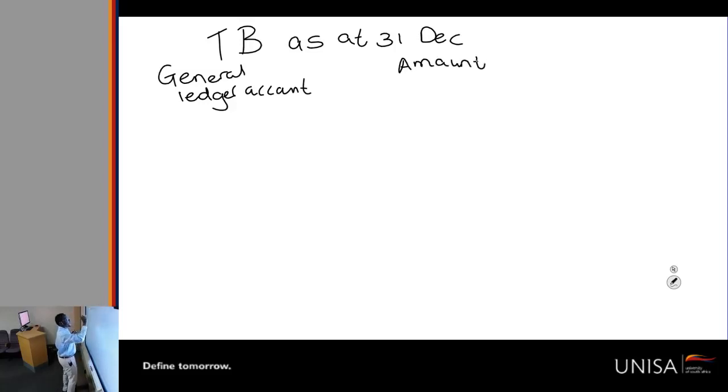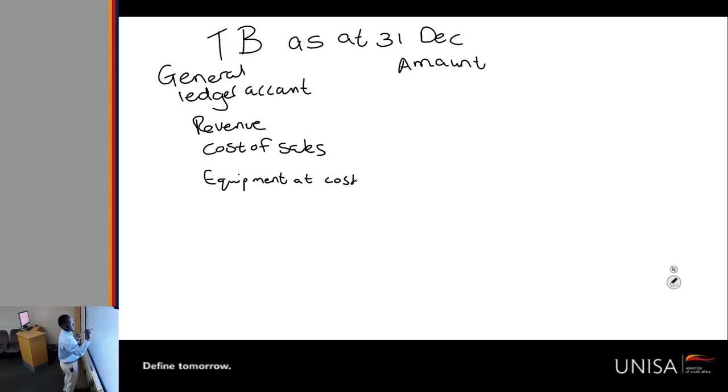So for example, you can have revenue, cost of sales, equipment at cost, and then another equipment line, accumulated depreciation.